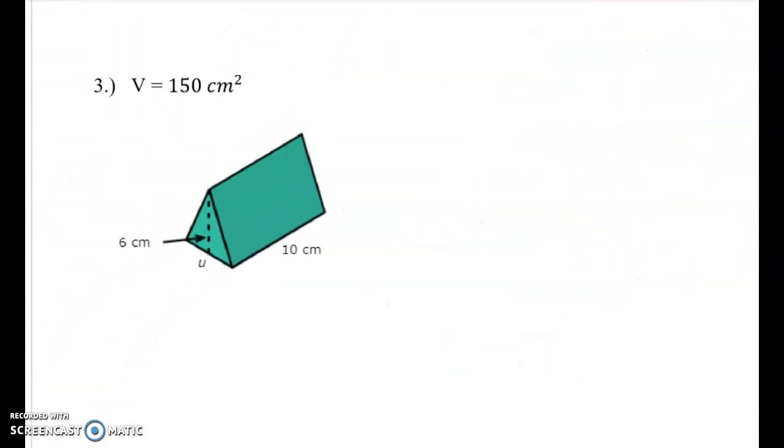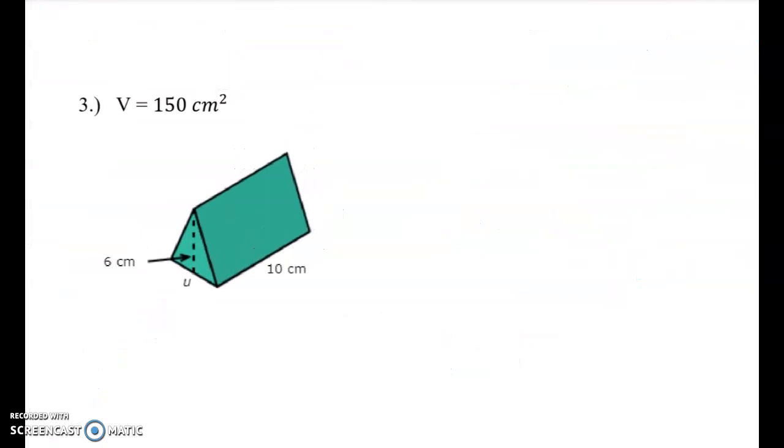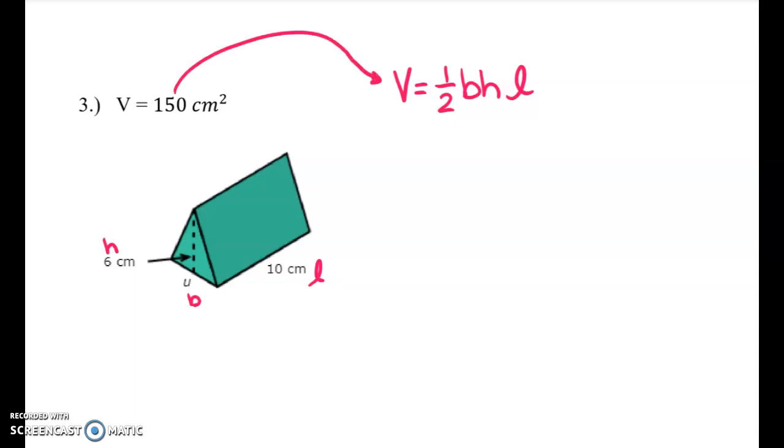All right, and then the last one, since this is a triangular prism, we have to use the triangular prism formula, which is volume equals 1/2 base times height times the length. So I don't know my base, I know my height is 6 and the length is 10. And the volume I can plug in. So 150 equals 1/2 times B I don't know, but I know the height is 6 and I know the length is 10.